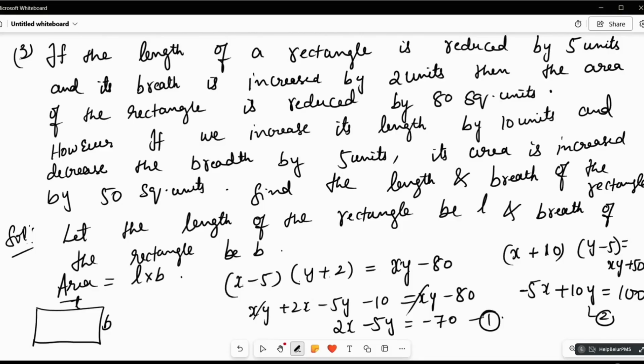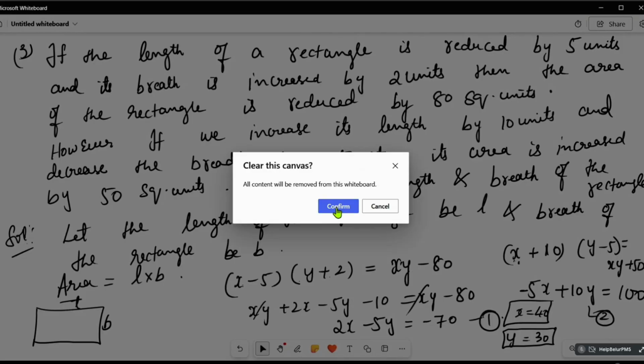Second equation. I thought you people are telling this equation. That's why I asked. What is x and what is y? You are getting x is 40. Y is 30. Good. Most of the types we have done.